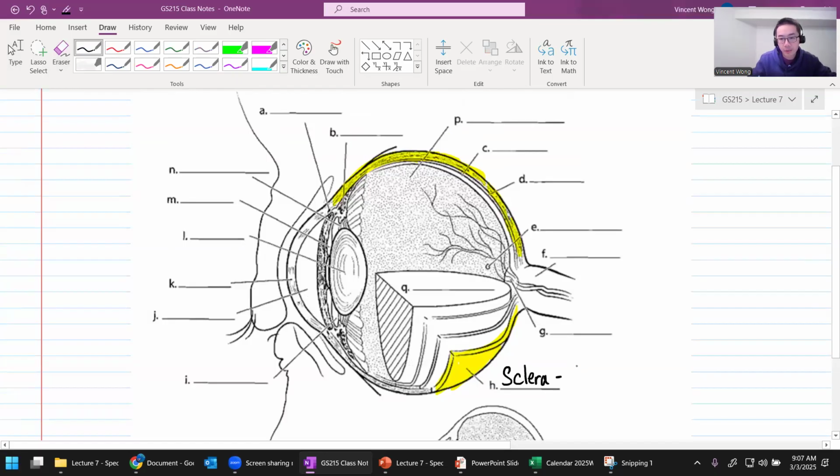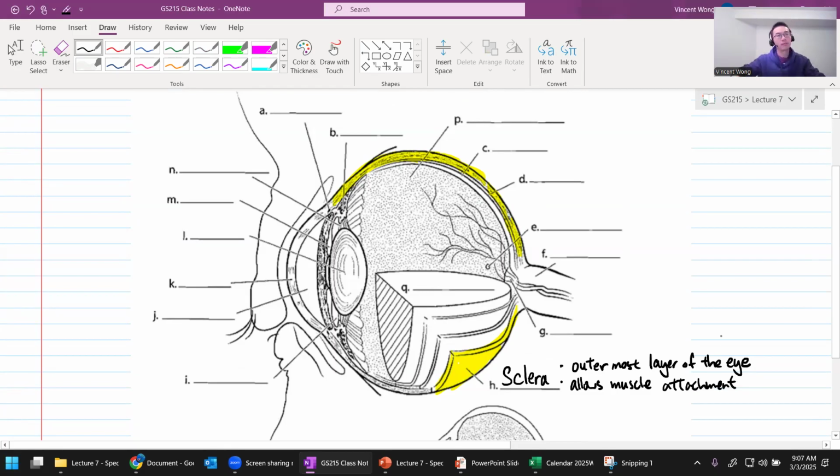Okay, I'll write some information for you. It is the outermost layer of the eye, the white of the eye. When you see the white part of people's eye, that's the sclera. And the sclera allows muscle attachment.